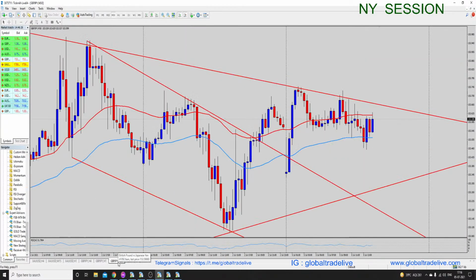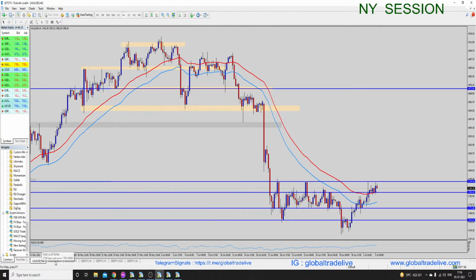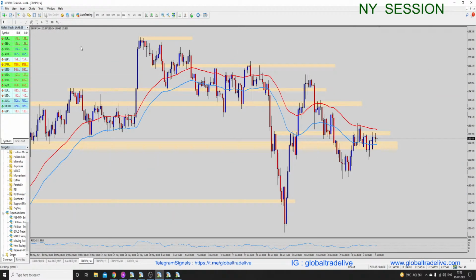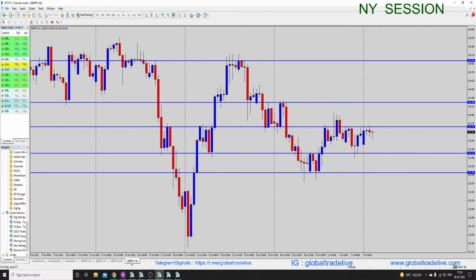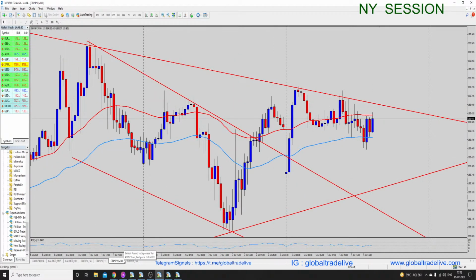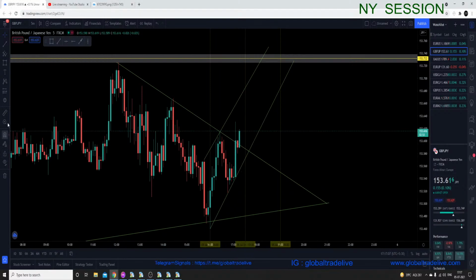4 hour, 30 minutes, 30 minutes, 1 hour. It just created a support. Now it's creating another support, and this candle is going up. This candle is also moving up.